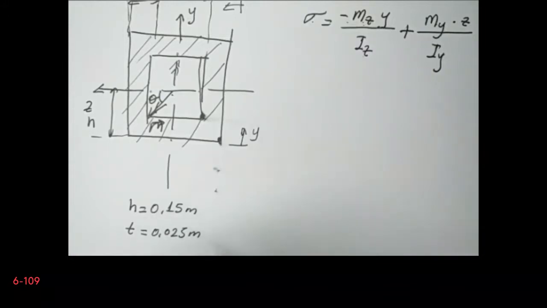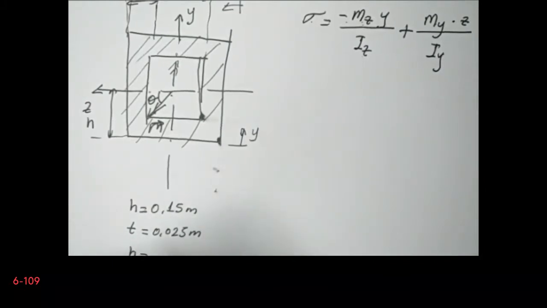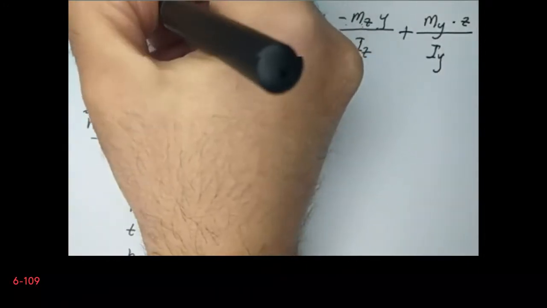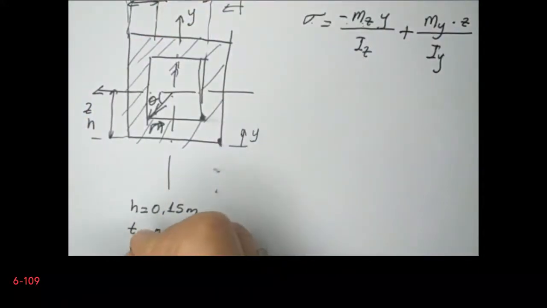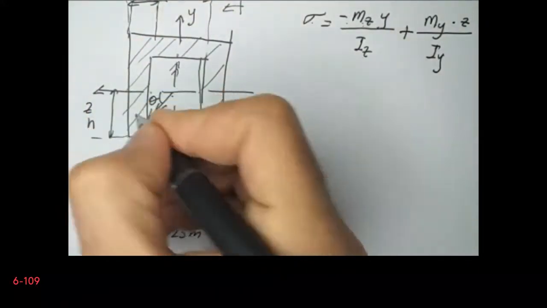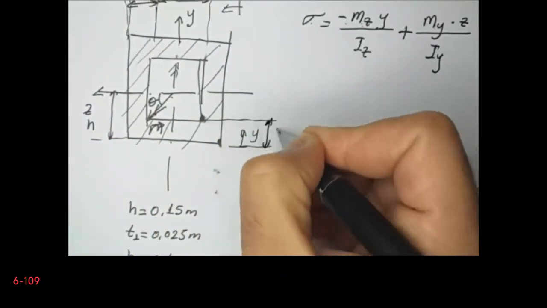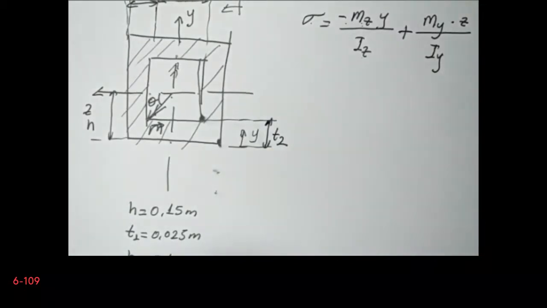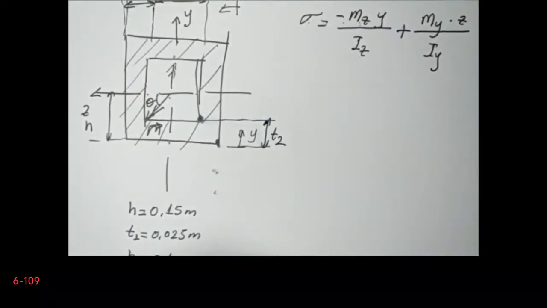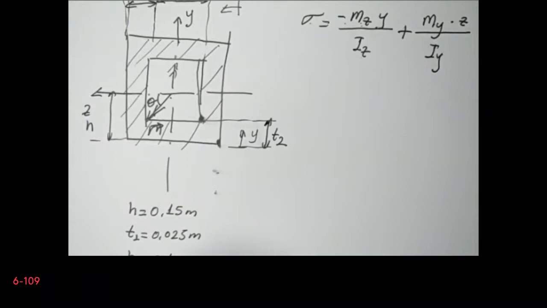Then we have B. B is equal to 0.1. Let's say that this is T1 because we have another thickness here, so this distance is T2, and T2 is equal to 0.05 meters.